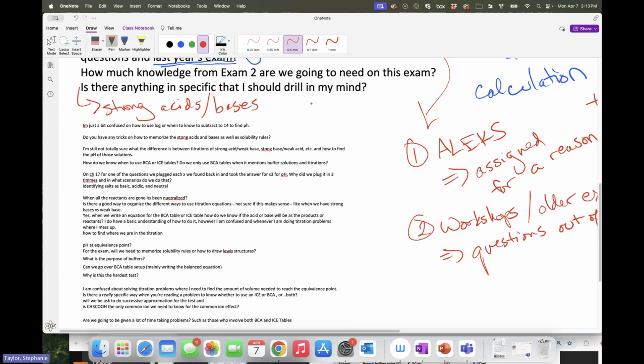And as far as drilling in your mind, I would also have the notion that if you have a strong species, so a strong acid or a strong base, the first thing that has to happen is they react.